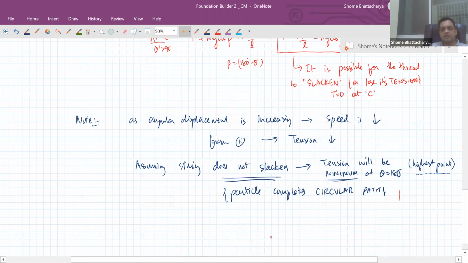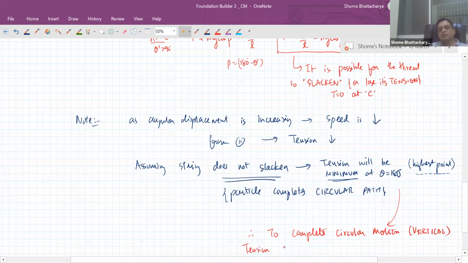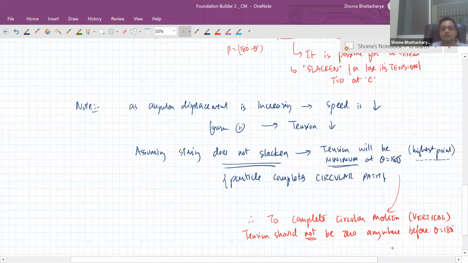So from this we'll understand that, therefore, to complete the circular motion in the vertical plane, of course, tension should not become zero anywhere before theta equal to 180, or anywhere between 90 degrees and 180.